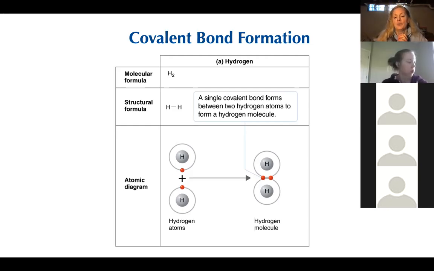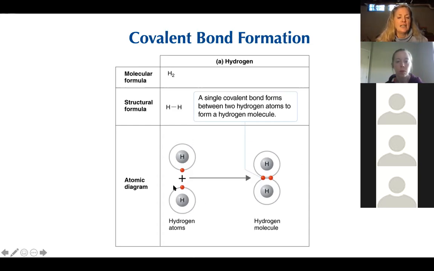Well, it doesn't really make sense, because neither one of these hydrogen atoms with their little extra electron floating around out there is going to be more inclined to give up its electron to the other hydrogen than that hydrogen is inclined to give it up. They're the same atom, so they have about the same level of attraction to their electron.